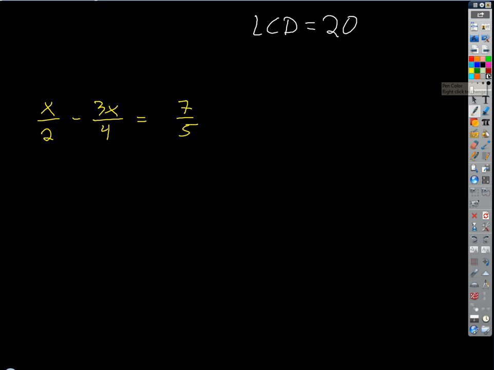We're going to multiply both sides through by the least common denominator. We'll distribute it through both sides. So if I multiply 20 through on the left, remember how we did that? There's a definite best way to do this. Normally when multiplying fractions, we would multiply straight across and then simplify.